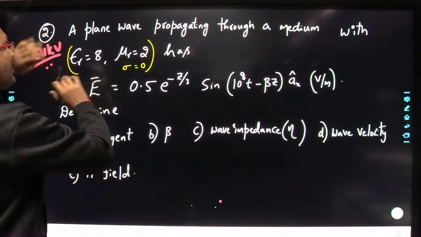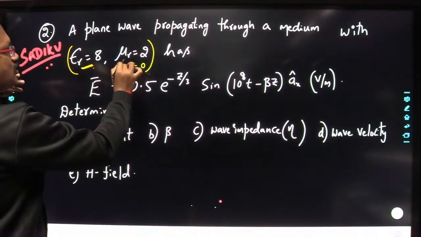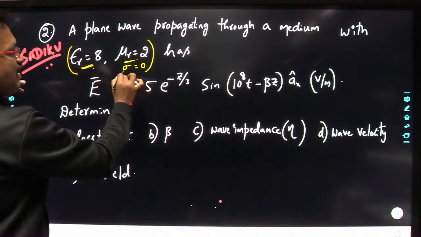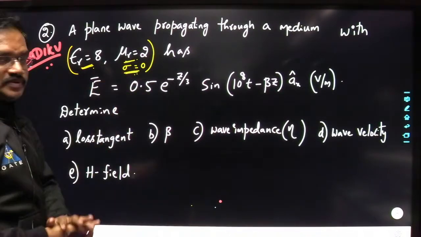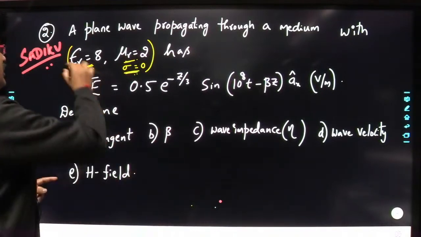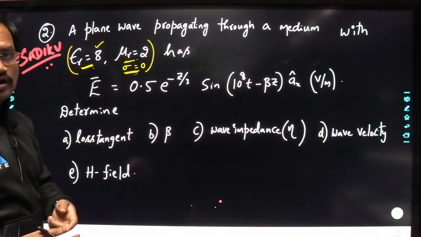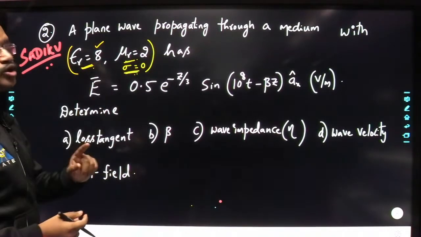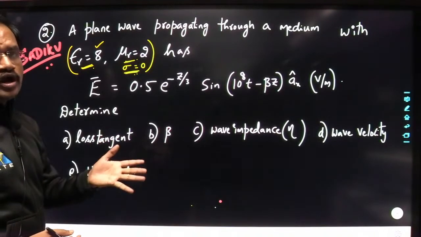So here they have mentioned epsilon r is equal to 8 and mu r is equal to 2, and they have given sigma equal to 0, and they have given this expression. So here the confusion will start. Why? Here the epsilon r value is 8, which means epsilon is a real quantity, yes or no. Mu r is equal to 2, which means mu is a real quantity. Mu equals mu naught into mu r.